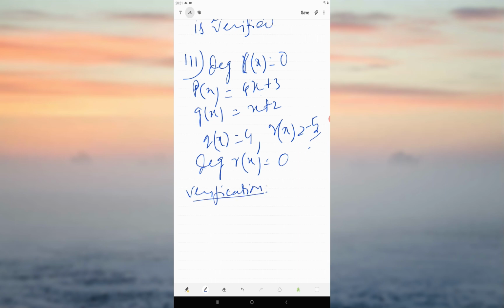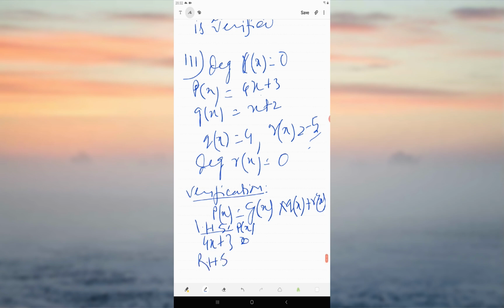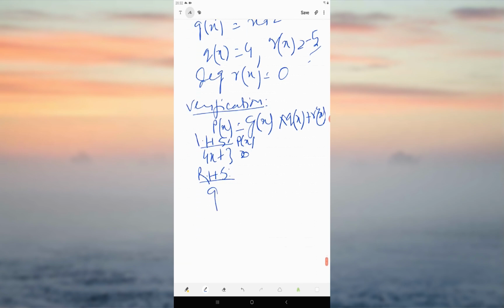Verification, the same way we will do. p(x) equals g(x) into q(x) plus r(x). So p(x) we can write as 4x plus 3, and this is our LHS. RHS is g(x) into q(x) plus r(x), so x plus 2 into 4 plus minus 5.